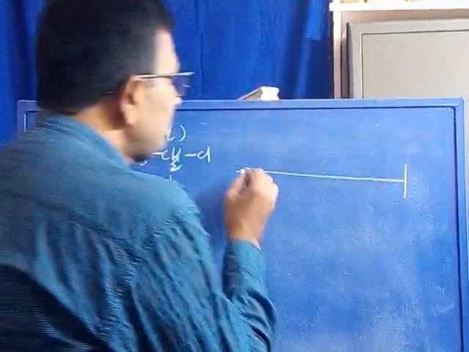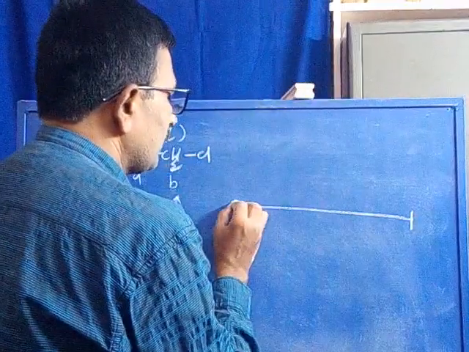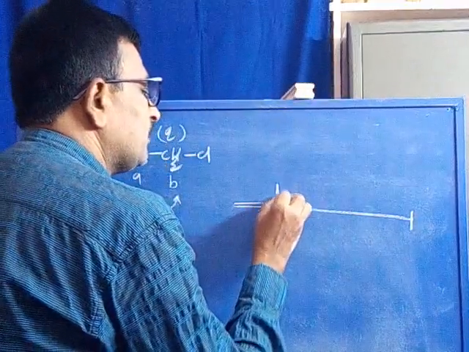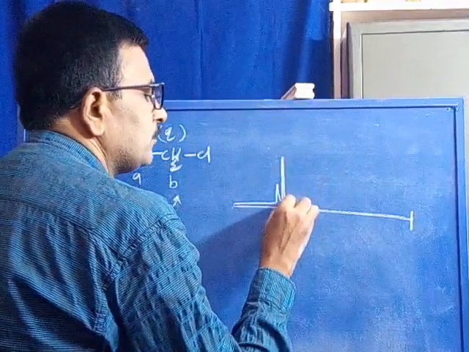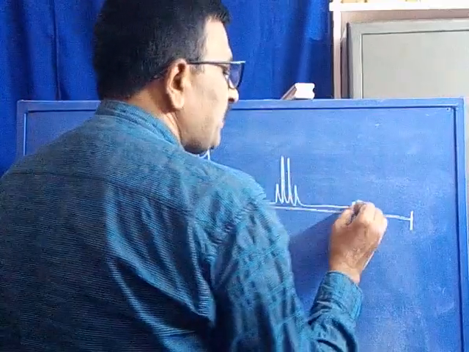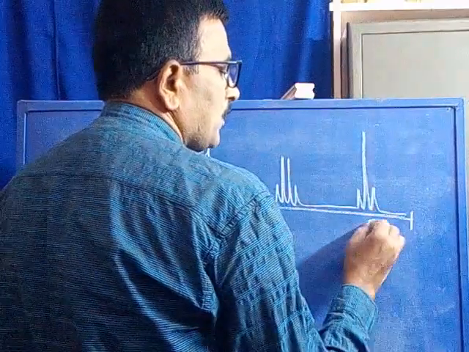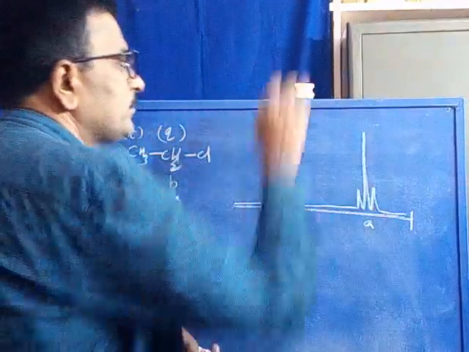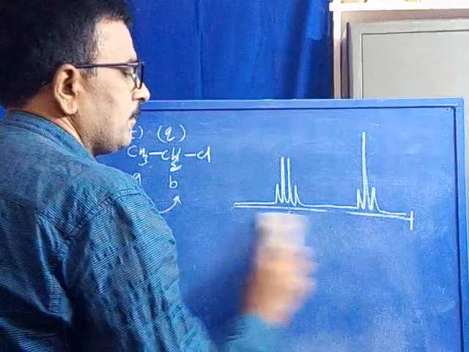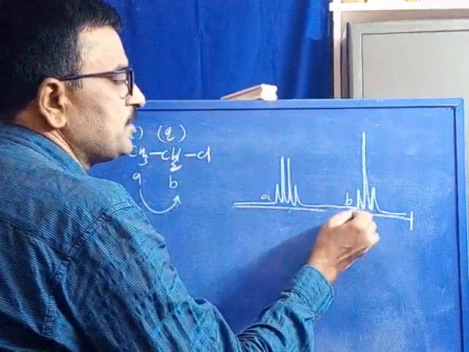Its spectrum: a quartet for CH2 and a triplet for CH3, A and B. Say this is the A proton signal and this is the B proton signal.